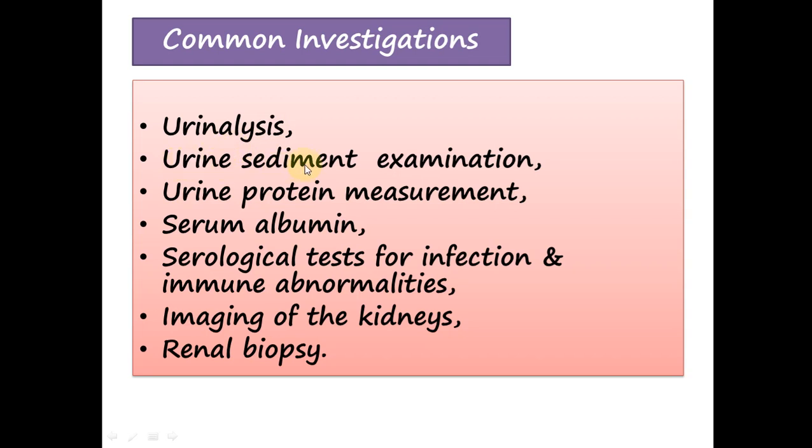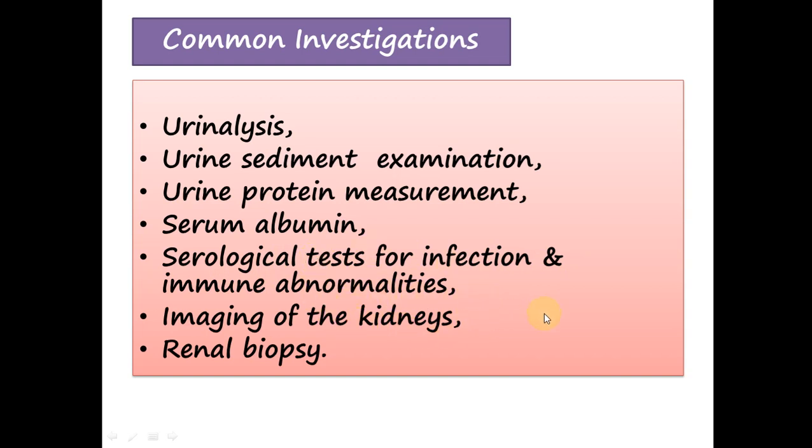We examine urine sediment for the presence of proteins, glucose, and other crystals, and we measure the protein in the urine to assess the loss of protein. By measuring the plasma or serum albumin level, we can also have an idea about the hypoproteinemia. And we also do some serological tests for the identification of infections and some immune abnormalities.